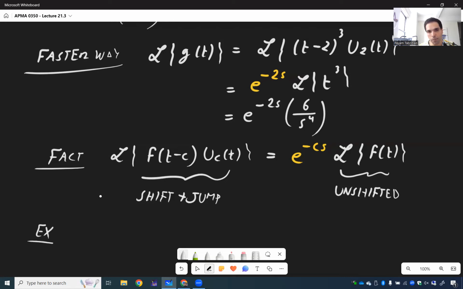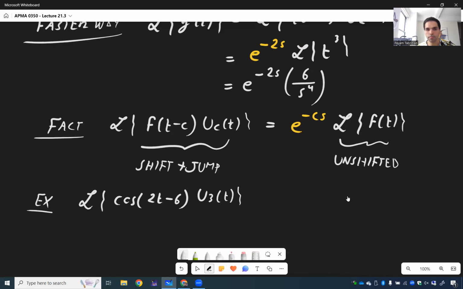So let's find the Laplace transform of, let's say, cosine of 2t minus 6 times u3 of t. Notice by comparison, here we have a uc, here you have a u3. So c would be 3.